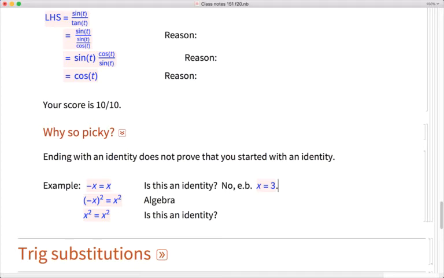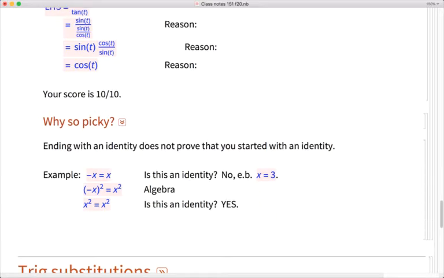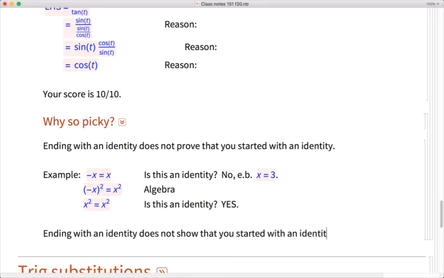But look what happens if we do an algebra step. If we square both sides, negative x times negative x is x squared. So this is an identity. I mean, clearly, the two sides are equal no matter what the value is. So the point is, ending with an identity does not show that you started with an identity.